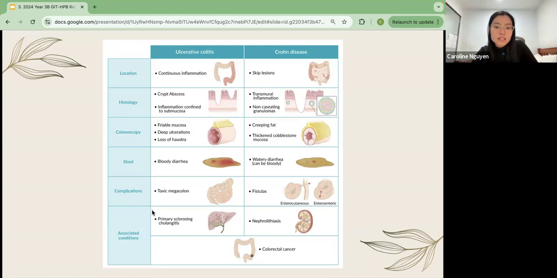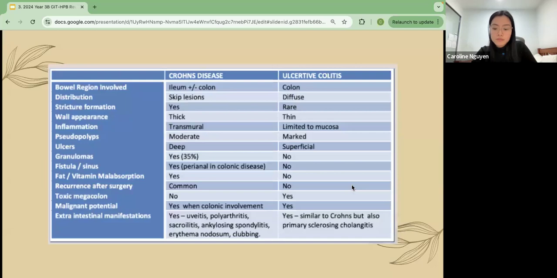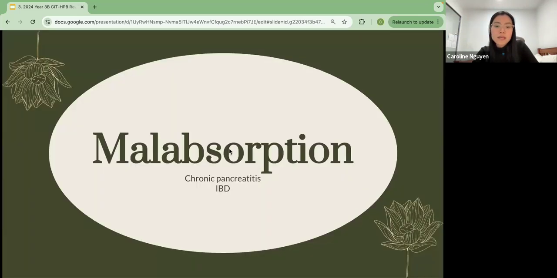Whereas ulcerative colitis, probably the worst part about this is that it's got bloody diarrhea, although Crohn's can be bloody as well. Oh, yeah. And then a random one, remember that PSC is associated with ulcerative colitis. I think I've seen that in some questions as well. And that's from faculty.